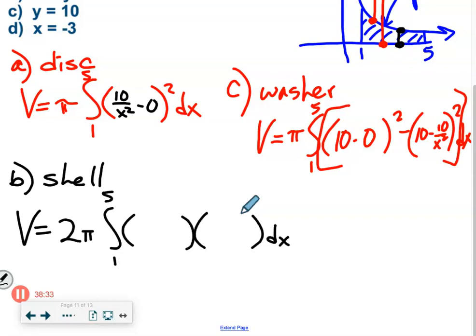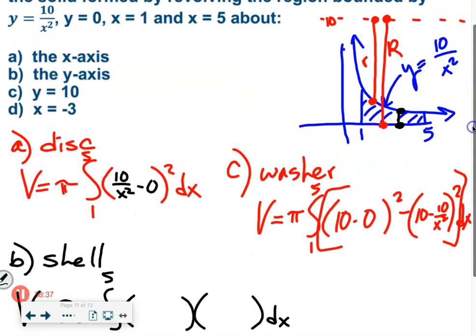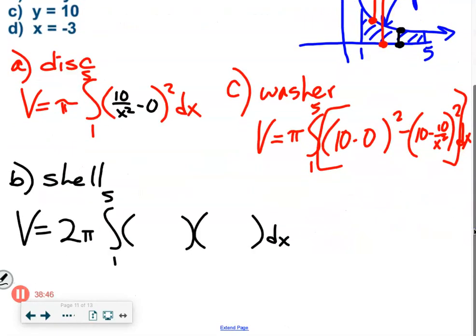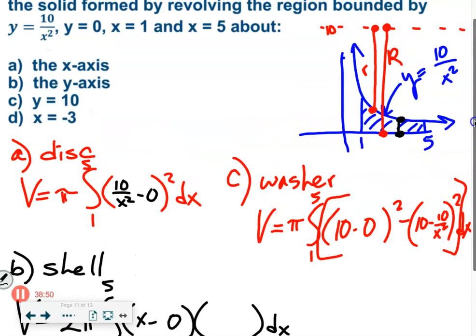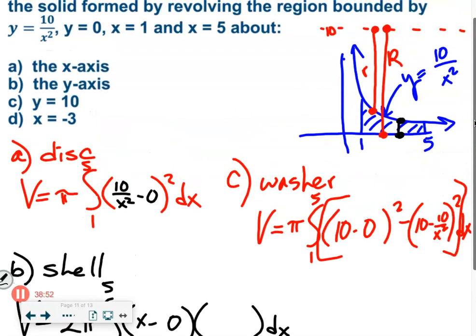Our region is to the right of the y-axis. What's the radius? Just x, or x minus 0. Height is top minus bottom, so it's 10 over x squared minus 0.